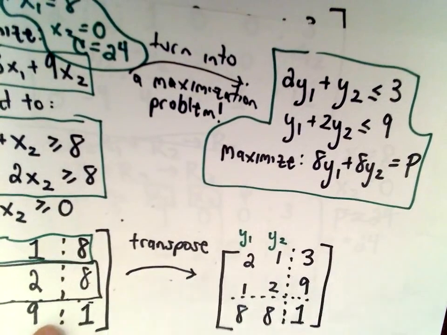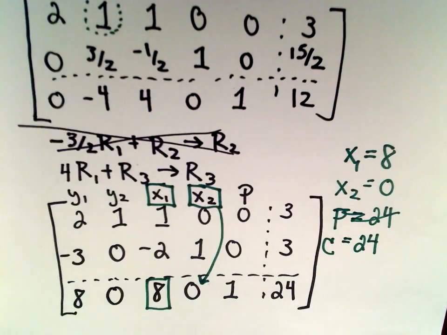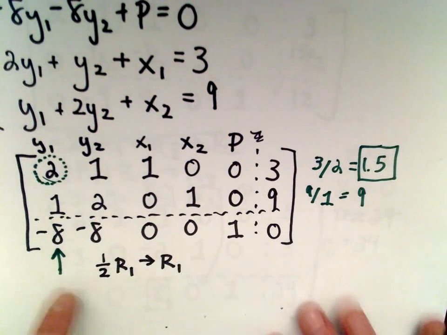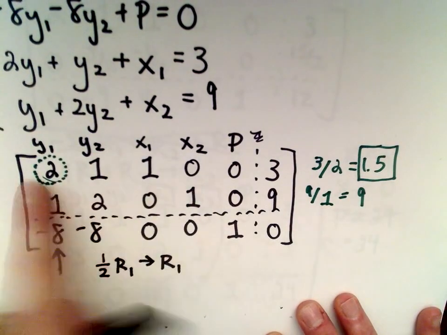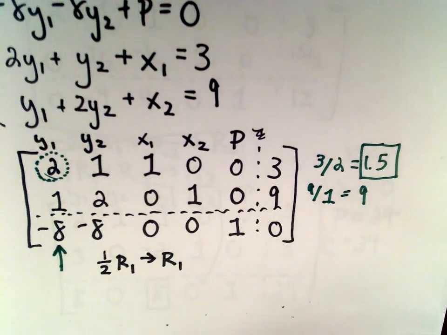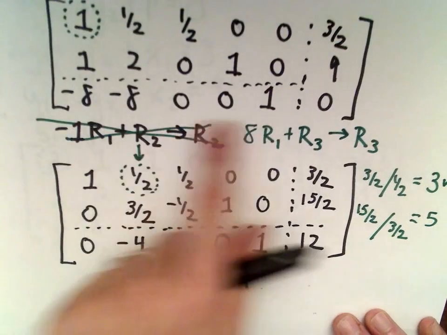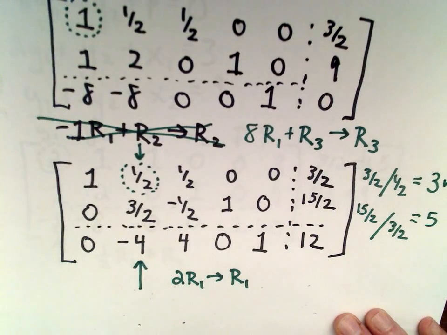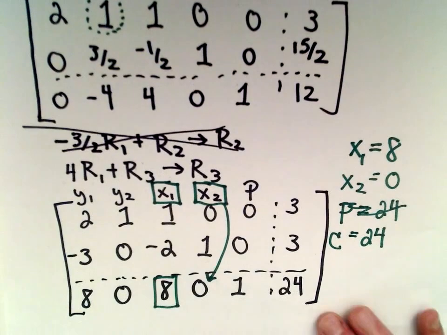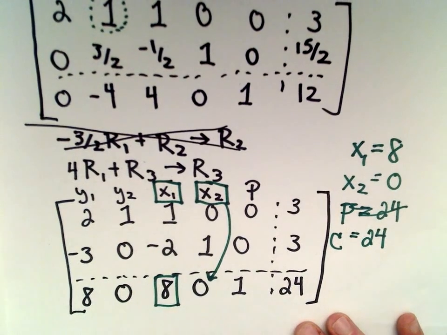And then we're just off and running doing stuff that hopefully is a little bit familiar, by picking out these pivot columns and pivot elements and then just getting zeros everywhere else. You try to get rid of the negative numbers at the bottom. Once you're finally able to do that, you'll be able to read off your solution.